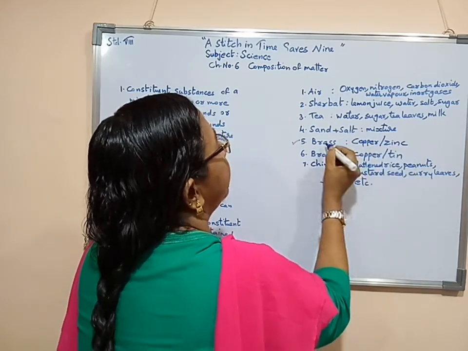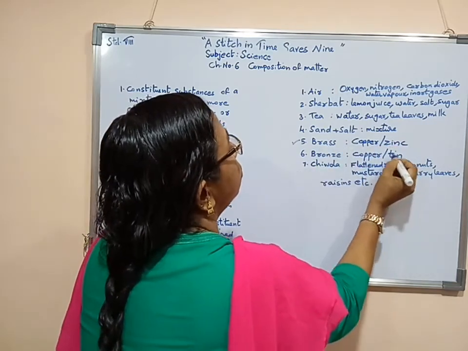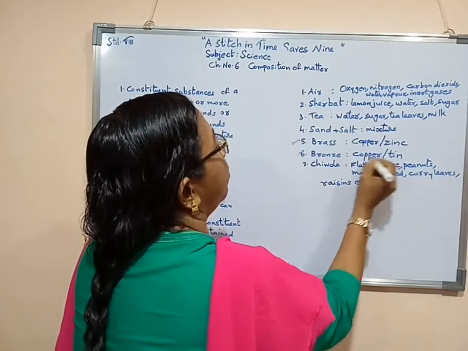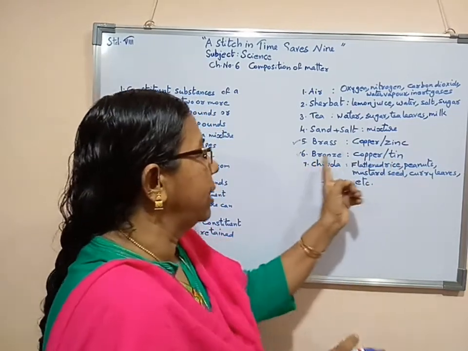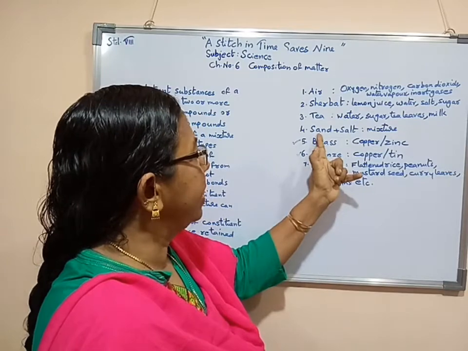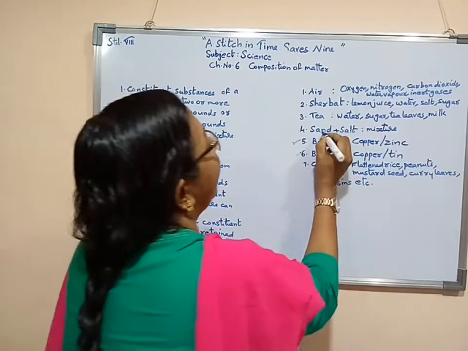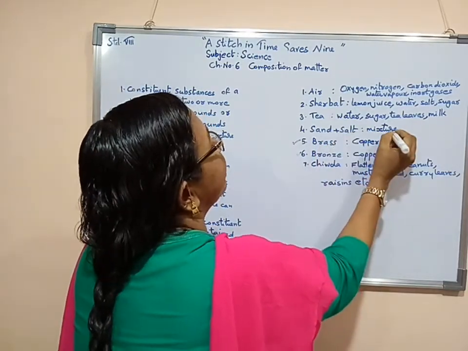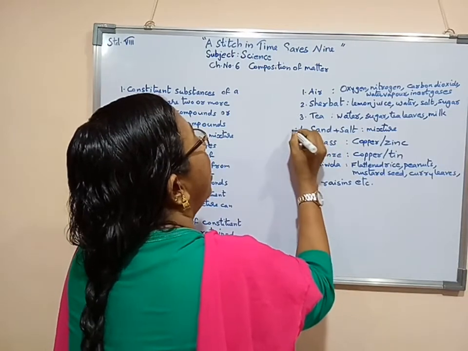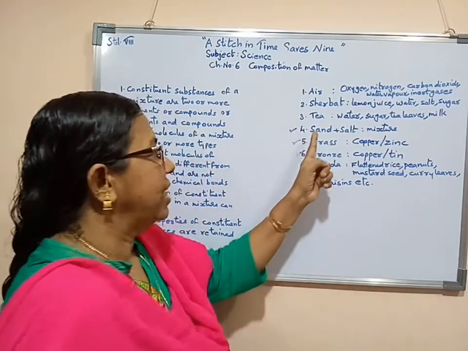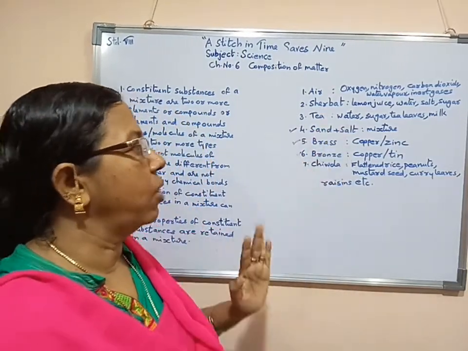Two elements joined together, brass became. Bronze, two elements joined together, that is copper and tin. Now if you are seeing sand as well as salt joined together, a mixture became. But both of them are compounds. Sand is a compound, salt is a compound.